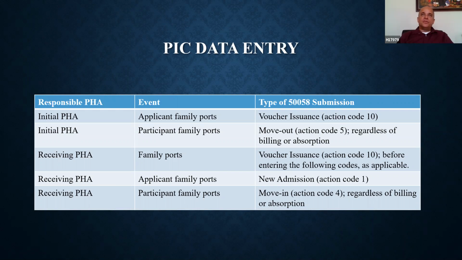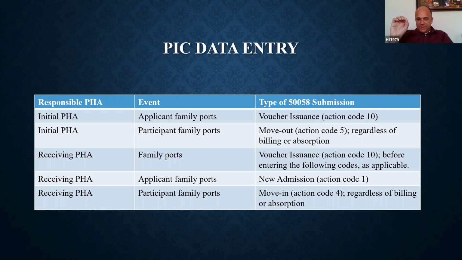If the family was receiving assistance in the initial PHA's jurisdiction prior to porting, the initial PHA is going to have a 5058. And then when that family gets ready to move, again, the initial PHA will submit a voucher issuance, or code 10.